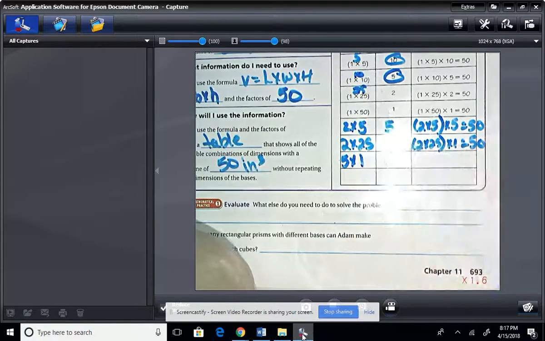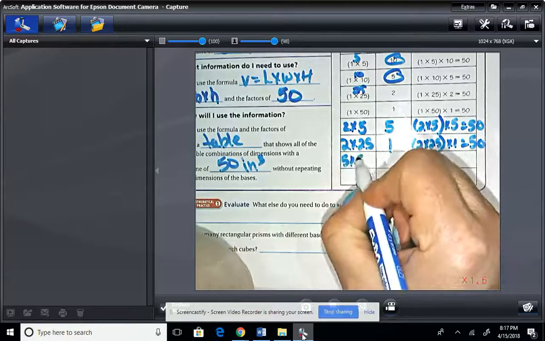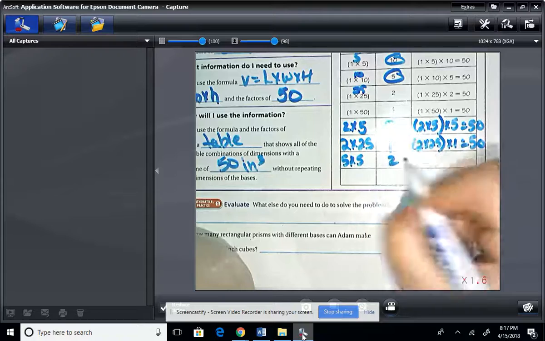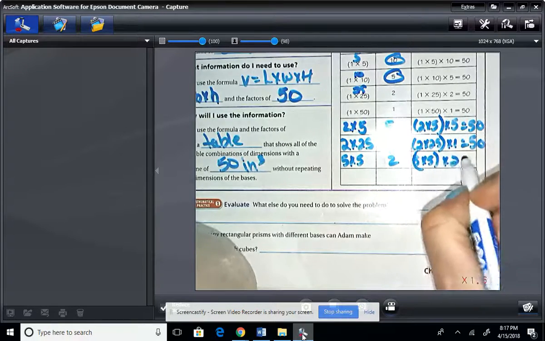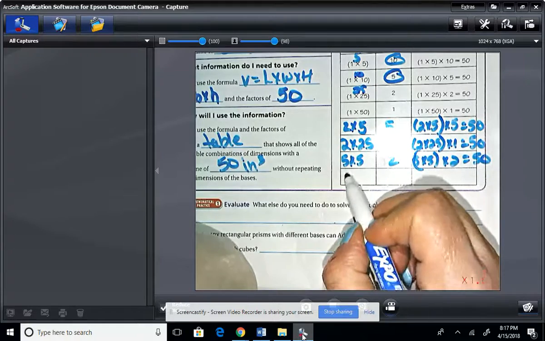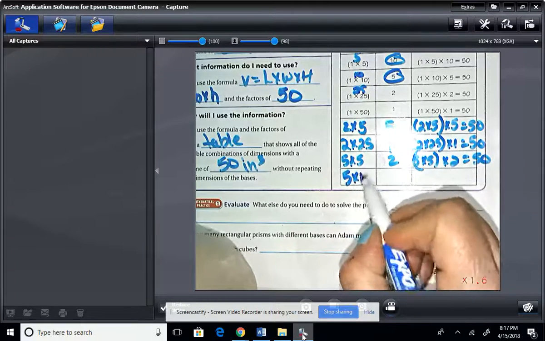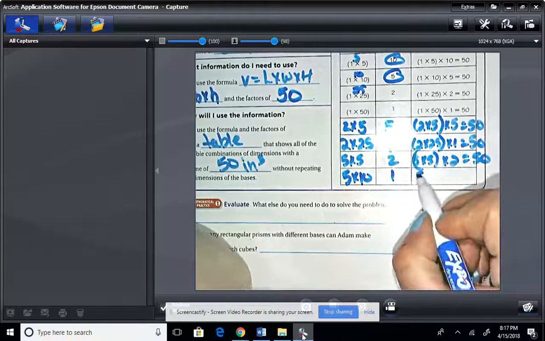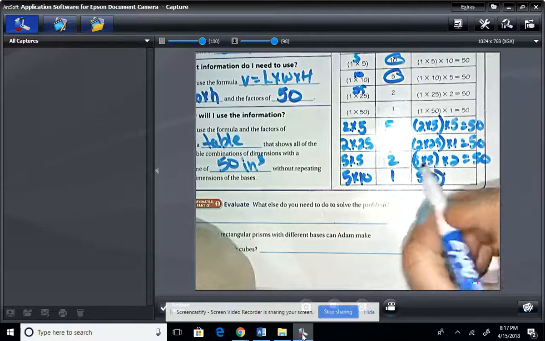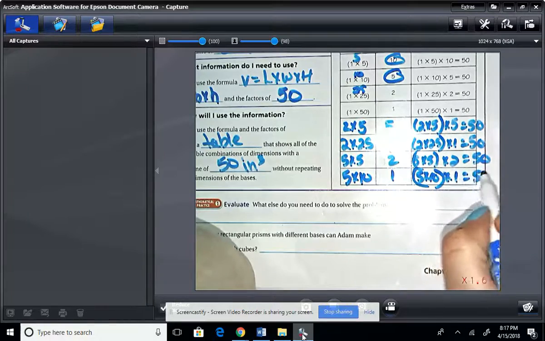But I already did that one. Okay, if we don't want to double. So 5 times 5 equals 25 times 2 high. 5 times 5 equals 25 times 2 equals 50. 5 times 10 equals 50, one high. So 5 times 10 times 1 equals 50.